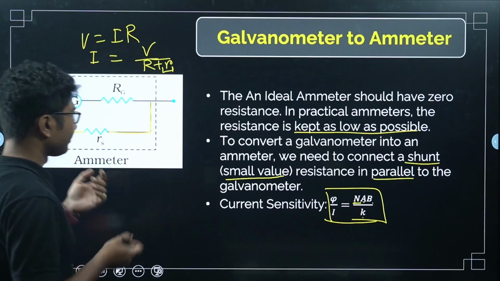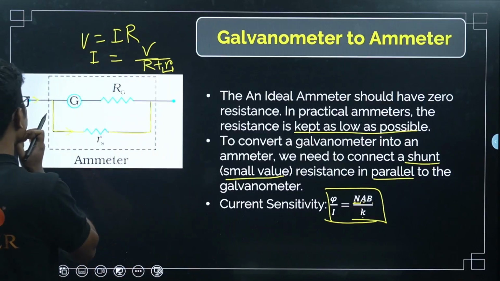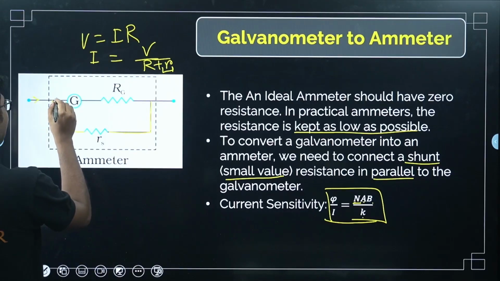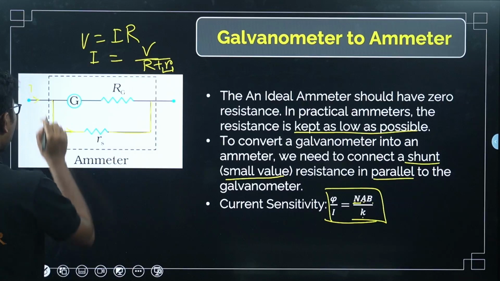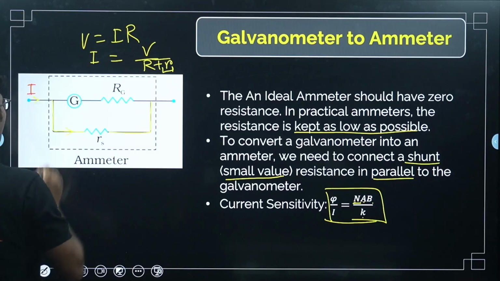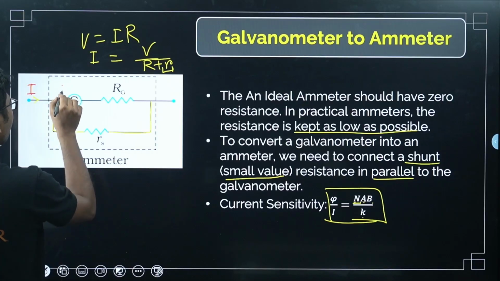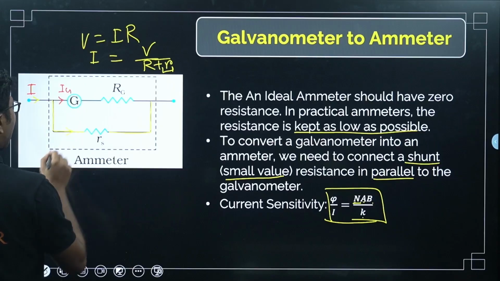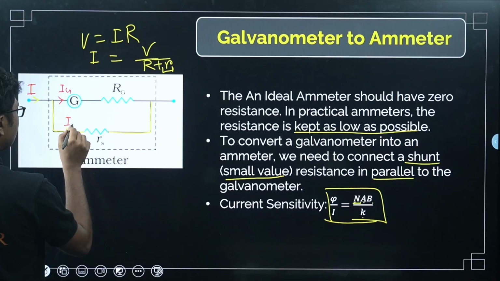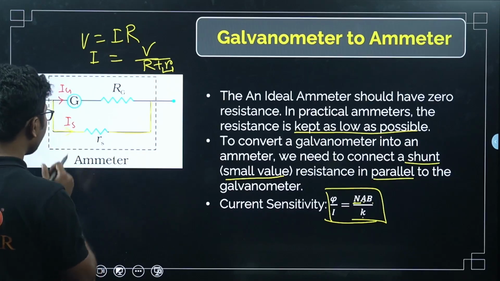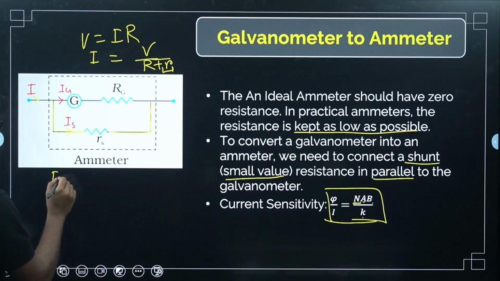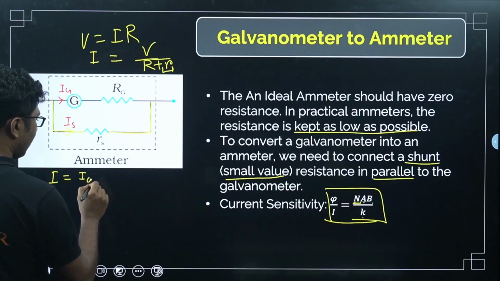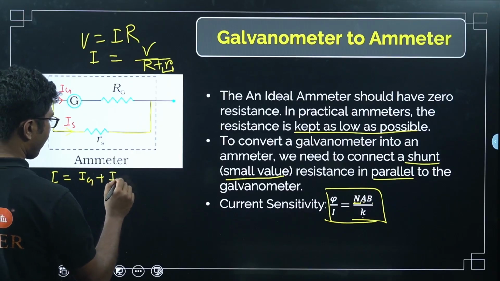Now suppose the total current coming into the galvanometer is I. Out of that, the current passing through the galvanometer is Ig, and the current passing through the shunt is Is. Now you need to remember a few formulas: I should be equal to Ig plus Is.